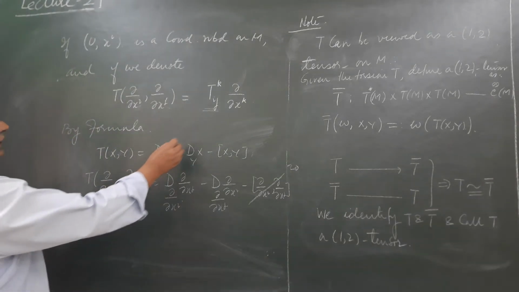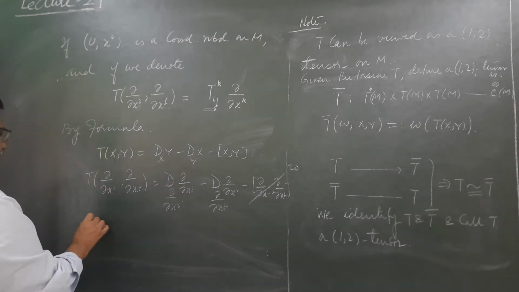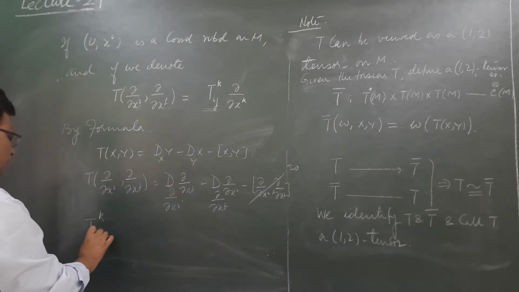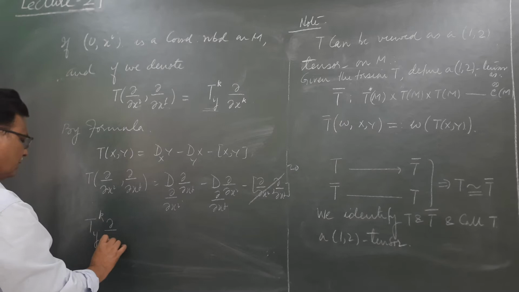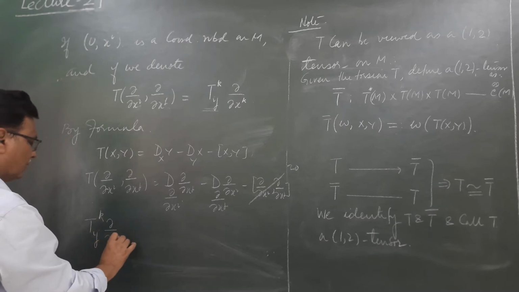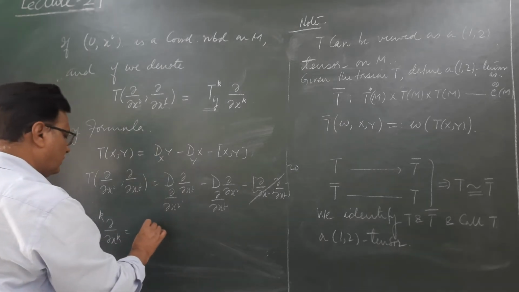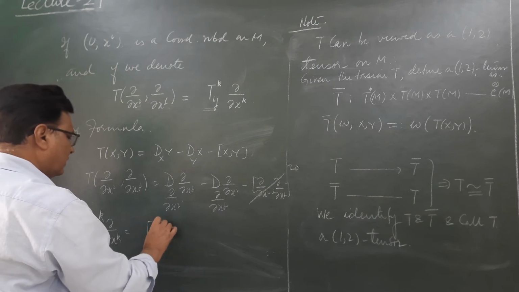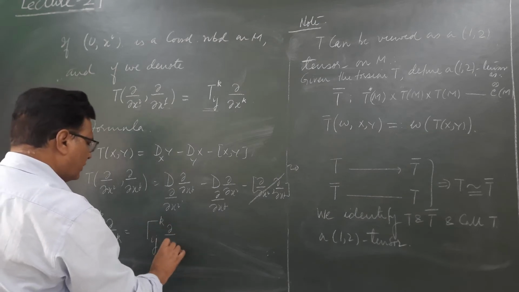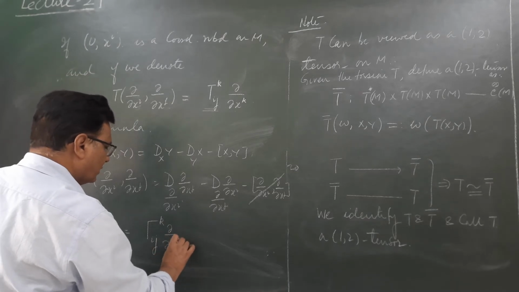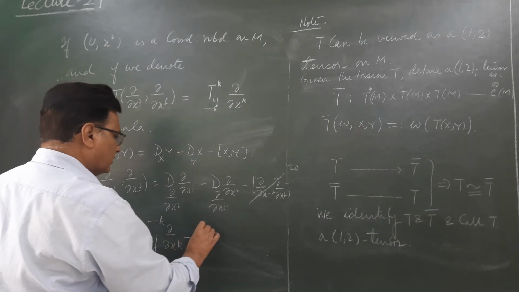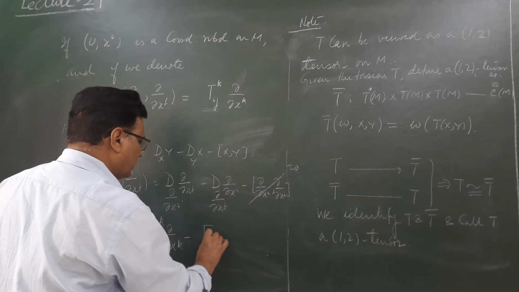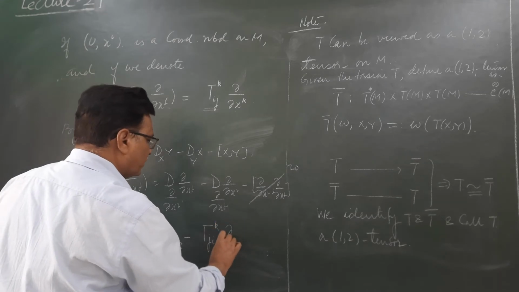This quantity you are denoting by T^k_ij. So T^k_ij ∂/∂x^k, and the right side will be the Christoffel symbol Γ^k_ij ∂/∂x^k minus Γ^k_ji ∂/∂x^k.